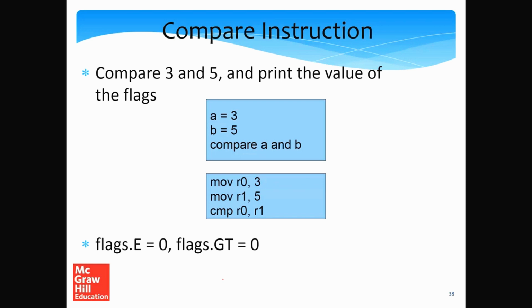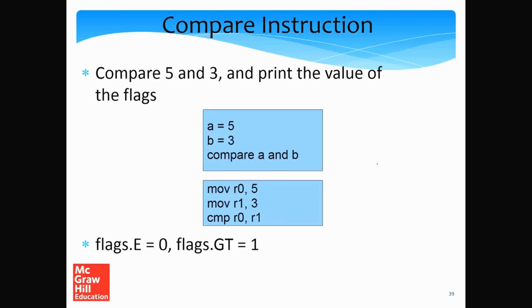So assume A is 3 and B is 5. We first do a register assignment. We move 3 to R0, 5 to R1, and we compare R0 and R1. Since 3 is less than 5, we'll have the less than condition. So there is no equality and there is no greater than. So the equal flag will be 0 and the greater than flag will be 0.